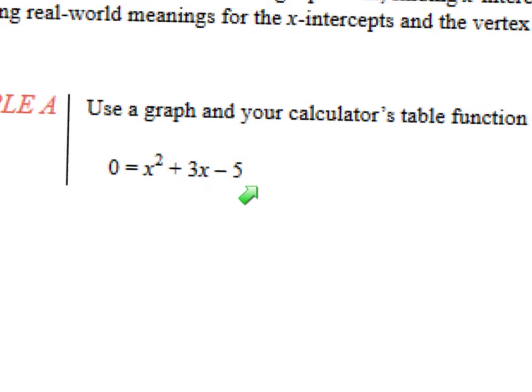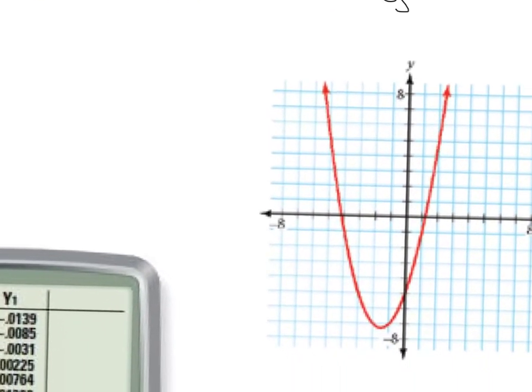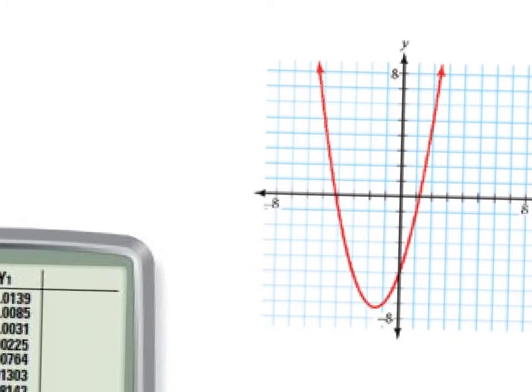Now, to solve using a graph, you're going to take the x squared plus 3x minus 5 and enter that into y1 and then graph, and you should get a graph that looks similar to this picture here. And then remember, you want to use the calculate zero function on your calculator.